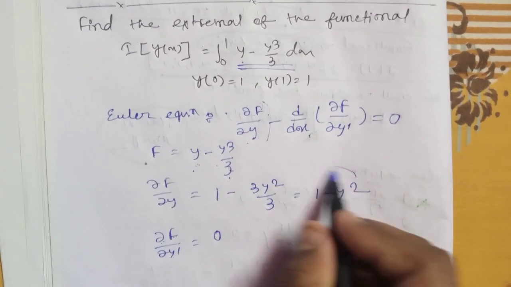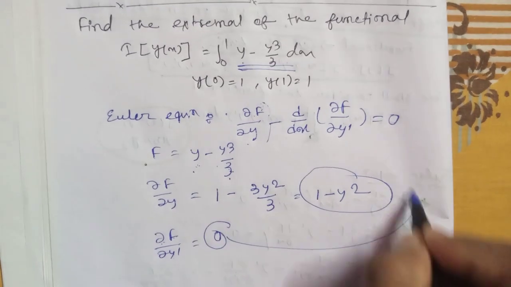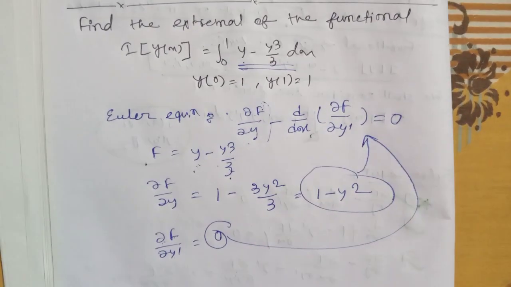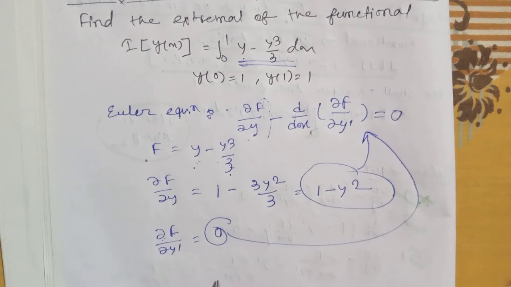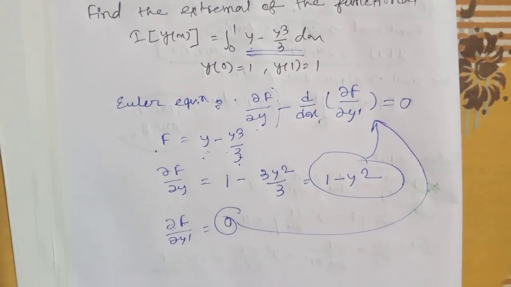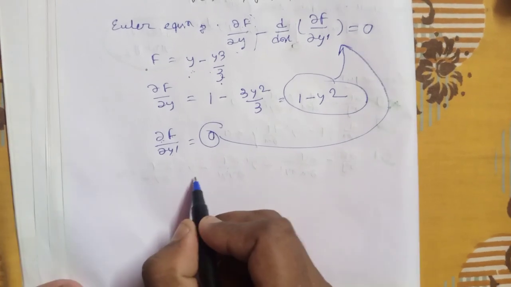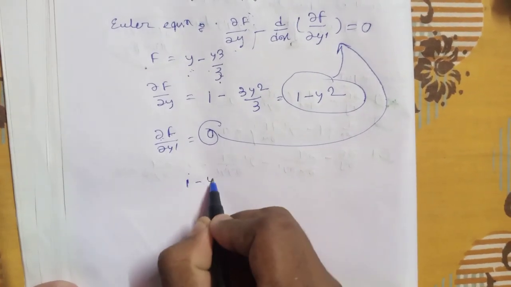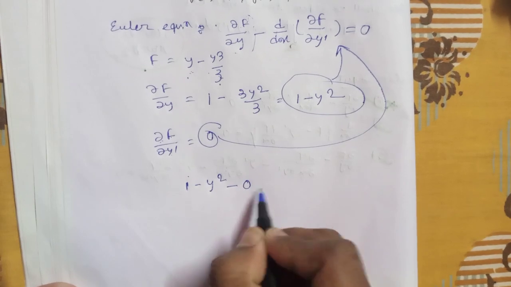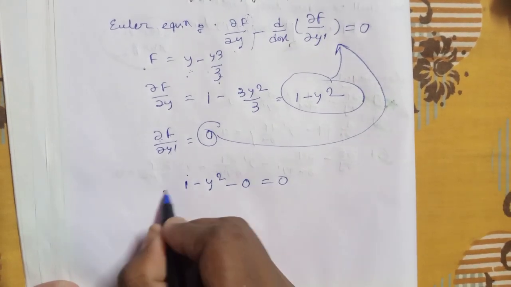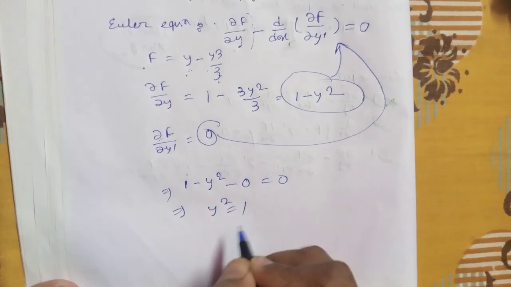Now put these two values in our Euler equation. So what will we get? We will get 1 minus y square minus 0 equal to 0, that is y square equal to 1.